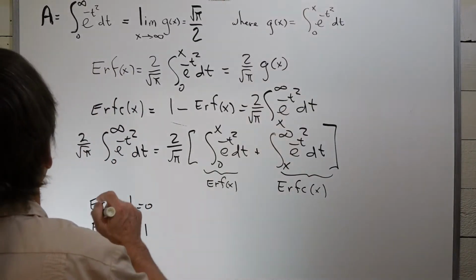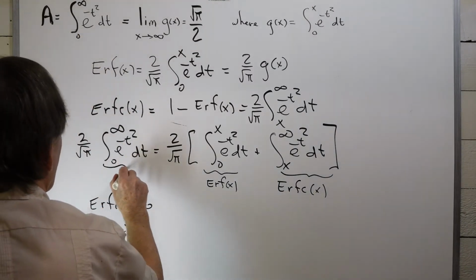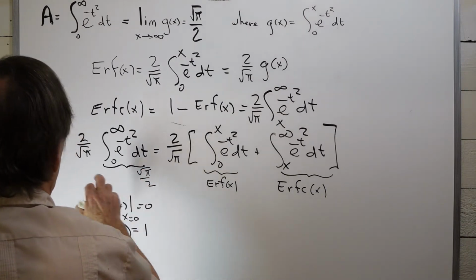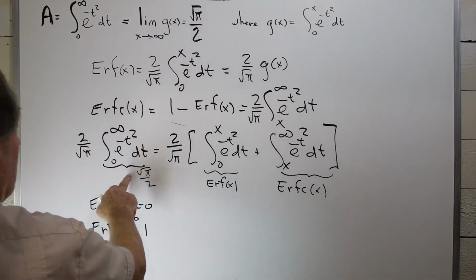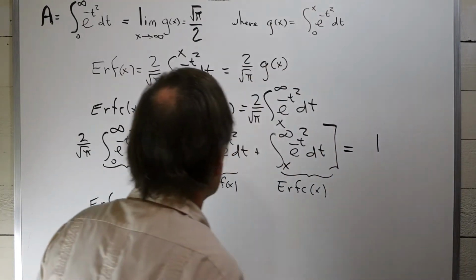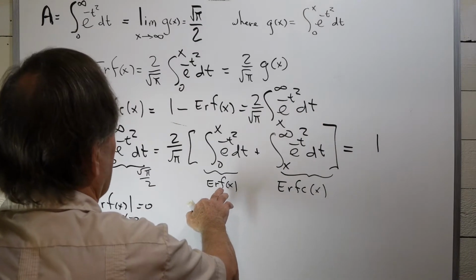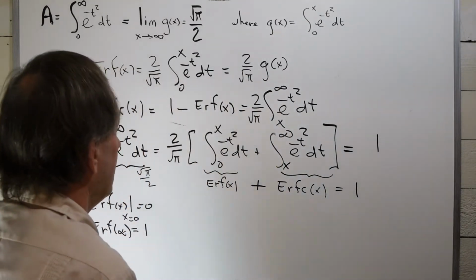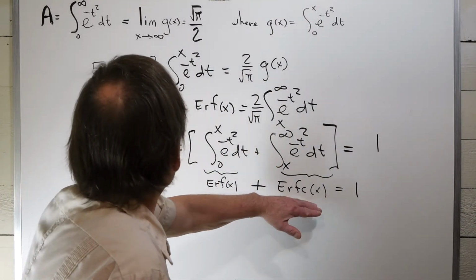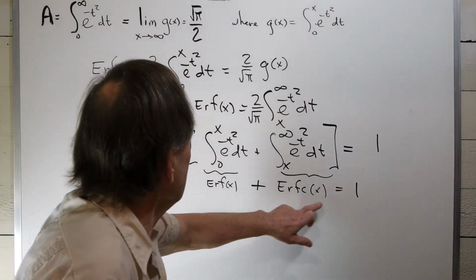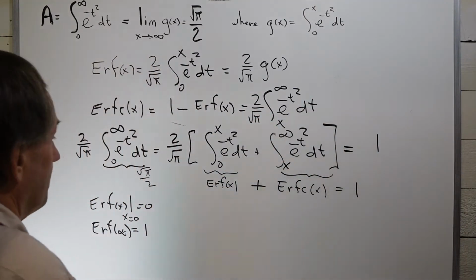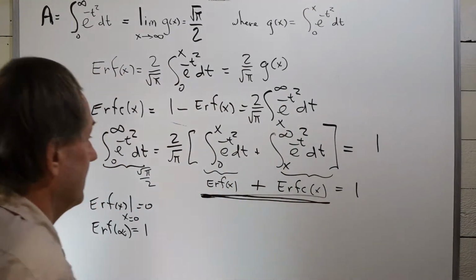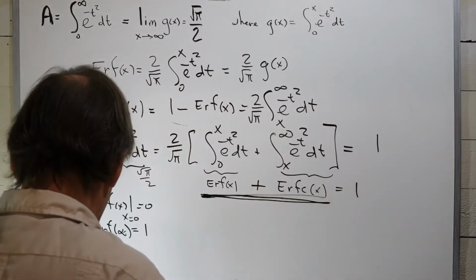Now we also know from here that this portion is a square root of pi over 2, and if we multiply by 2 over the square root of pi, this whole thing is equal to 1. So we see that the error function plus the complementary error function is equal to 1. Hence, the complementary error function is just 1 minus the error function. So this is what we have with the error function and the complementary error function. Their sum is equal to 1.